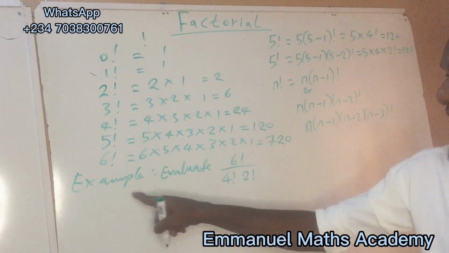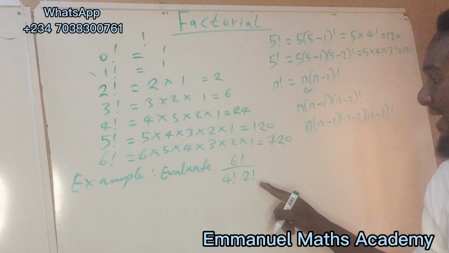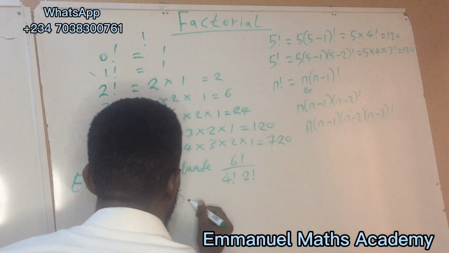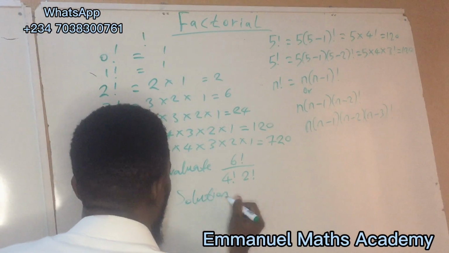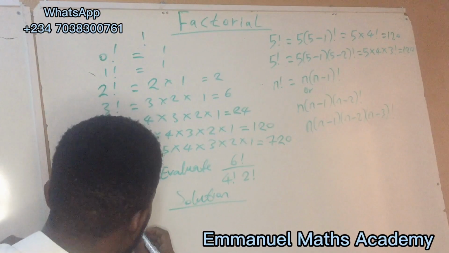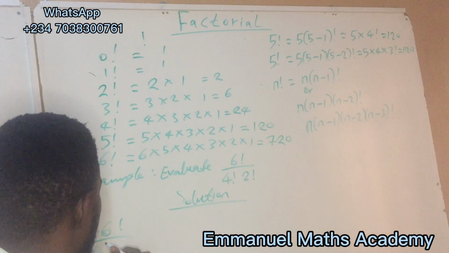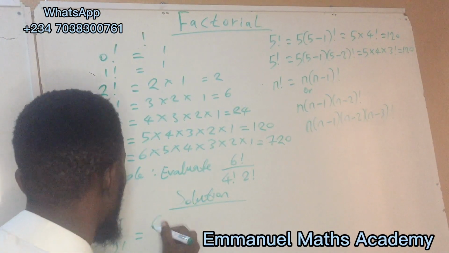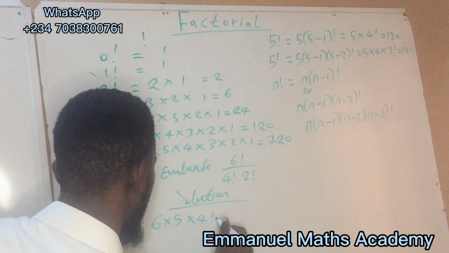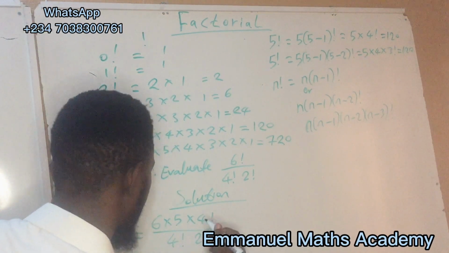Now, example: evaluate 6 factorial over 4 factorial times 2 factorial, right? You have the solution. 6 factorial over 4 factorial times 2 factorial is equal to 6 times 5 times 4 factorial, all over 4 factorial times 2 factorial.